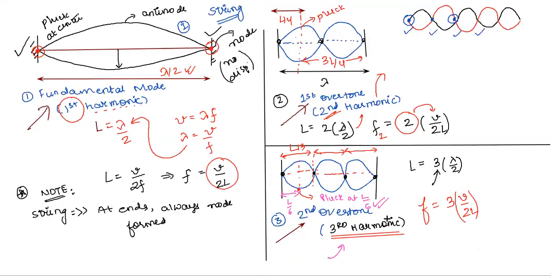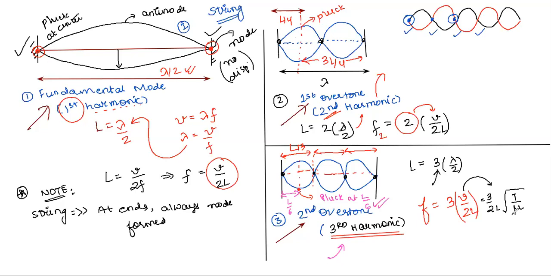Next, class, if you are to substitute the value of V, what will you write? Atul, do you remember the value of V for a string? Yes, tell me. Under root tension by mu, where mu is mass per unit length.